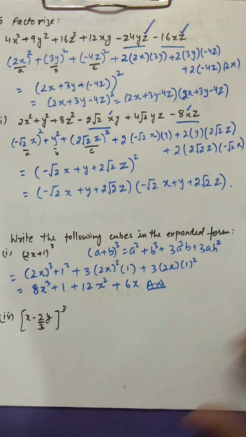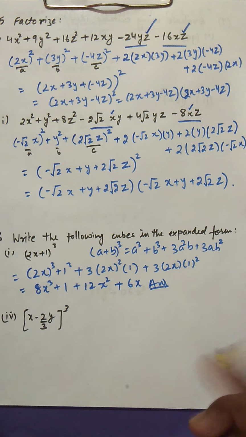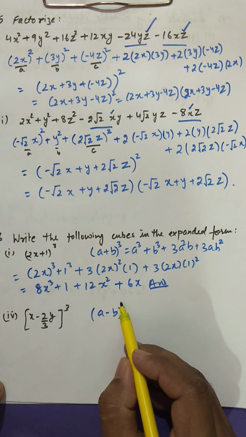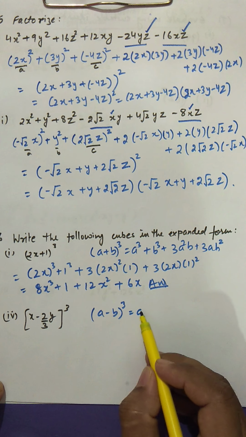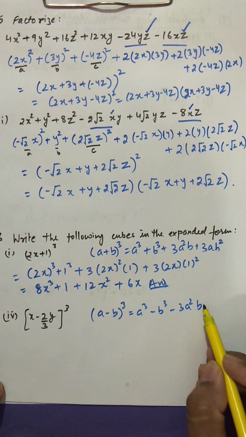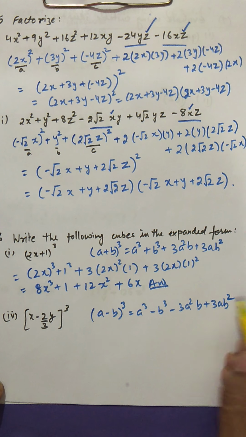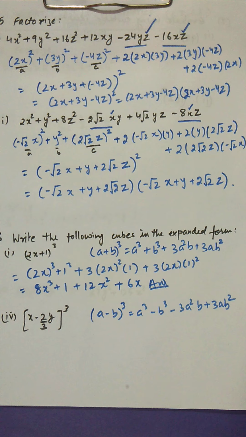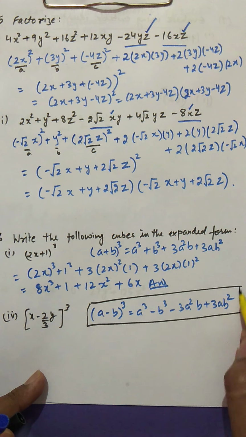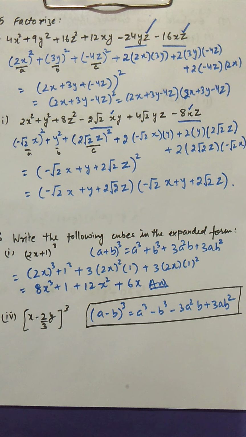Now see this next one. Next one, I'm using the identity that I'm mentioning here. A minus b whole cube is a cube minus b cube minus 3a square b plus 3ab square. So that is the identity that you can use. I'm just putting that into the rectangular box. Now apply this identity.